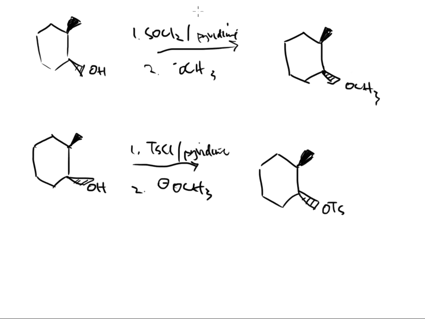Now, this is where the flip happens, because now that is a good leaving group. It's ugly. Carbon's going to cheat. Carbon's going to sneak the methoxide through the back door, and what we will end up with at that point in time is a removal of that group. We add on the OCH3 group that had to sneak through the back door.